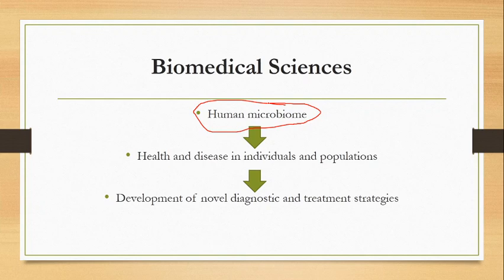That can be a novel technique of diagnosis and a novel technique of treatment. People are working on that. I have discussed that before also. Like your behavior and your diseases are due to the composition of your gut microflora, right?